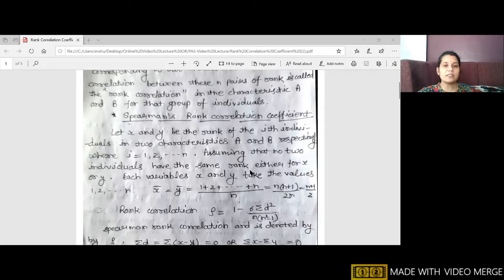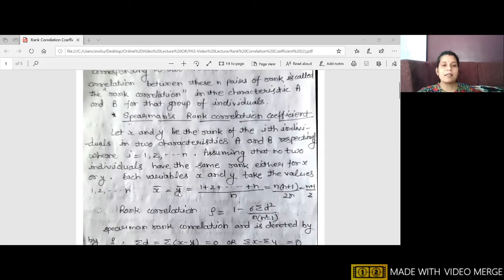That means two ranks are not the same. For example, in our class we have 40 students, so every student has a different rank. Got it? Each variable x and y takes the values 1, 2, up to n.